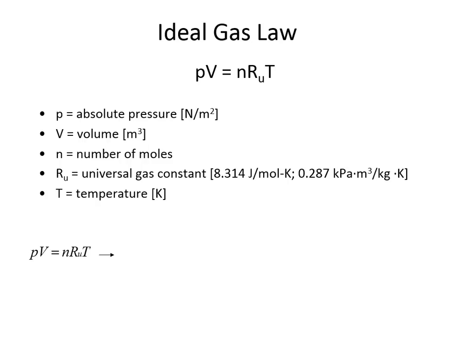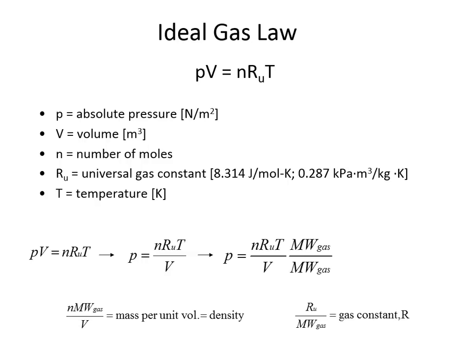We can rearrange the ideal gas law and isolate the pressure variable, and substitute in the definition of the molecular weight of a gas, which you can look up using the periodic table. For example, the molecular weight of hydrogen gas is 2 grams per mole.